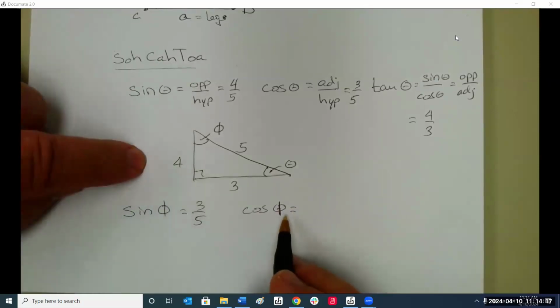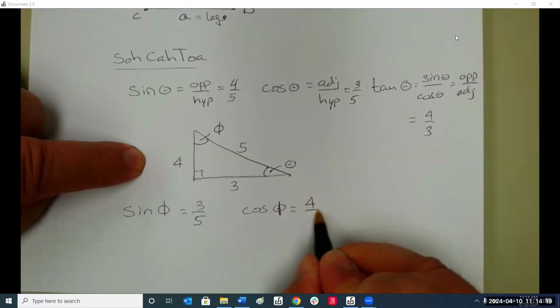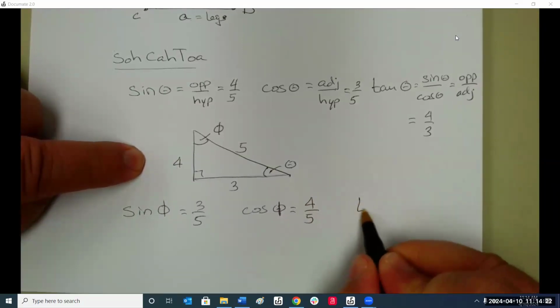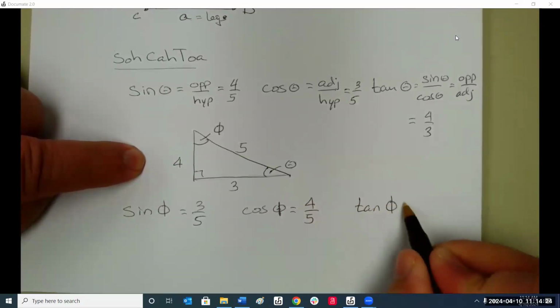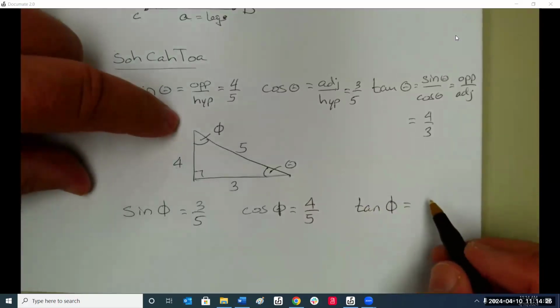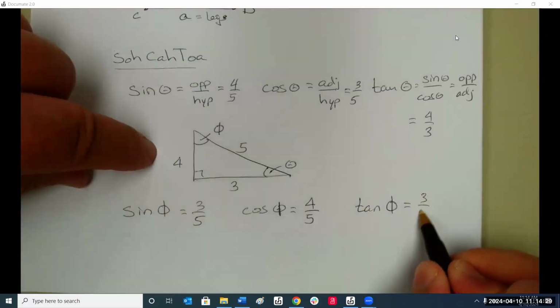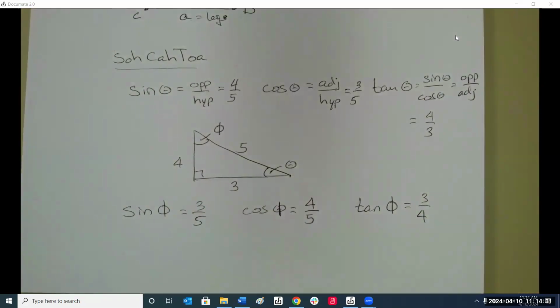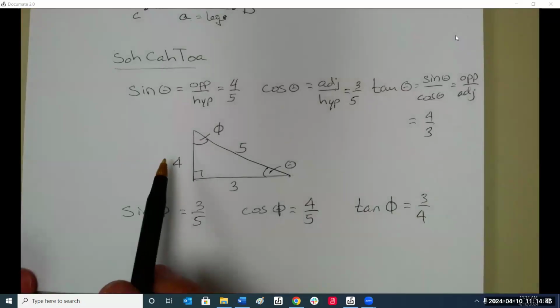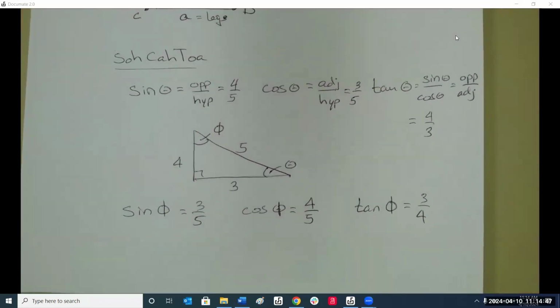Cosine is going to be the adjacent. And the tangent is going to be the opposite over the adjacent. So depending on which angle is being specified, that will dictate which sides, what lengths, you use. So far, so good?